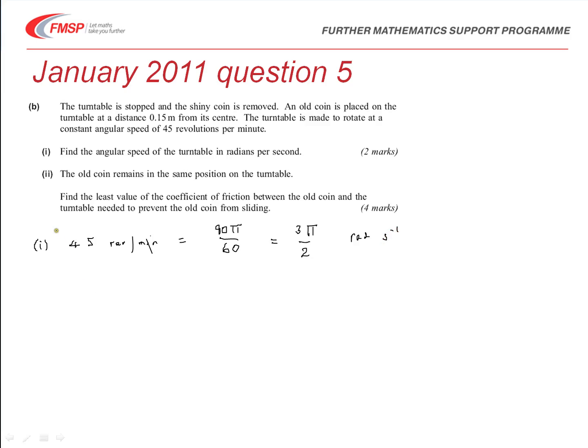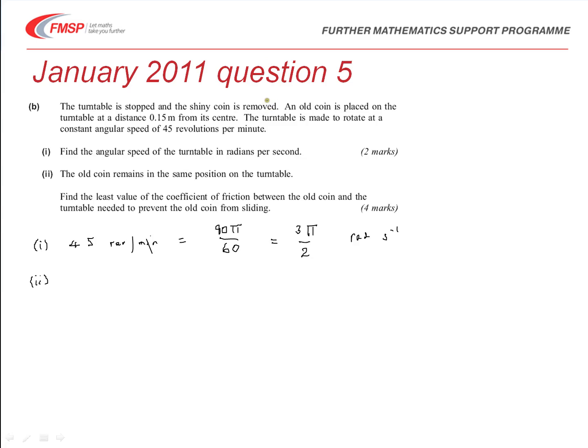Part 2 then states that the old coin remains in the same position on the turntable, that's 0.15 metres from the centre. This time we've got to find the least value of the coefficient of friction to prevent the coin sliding off the table.